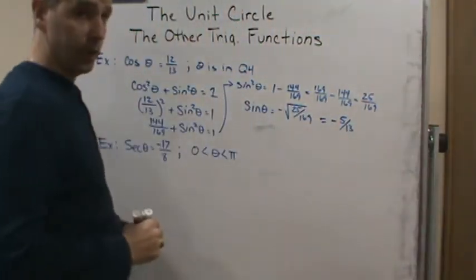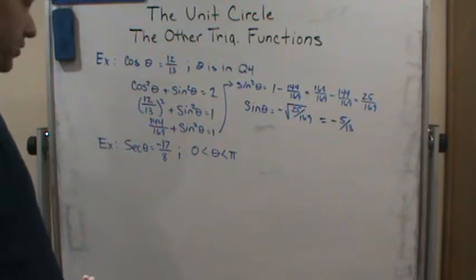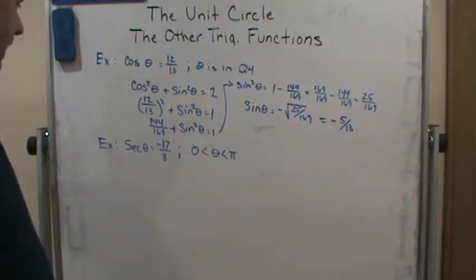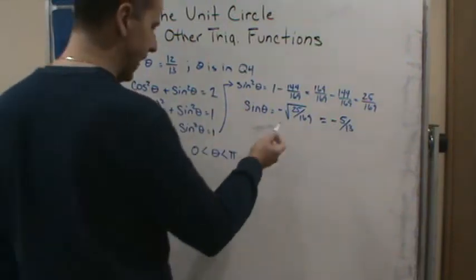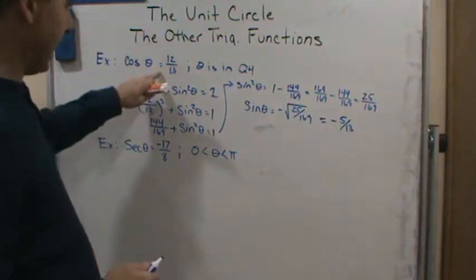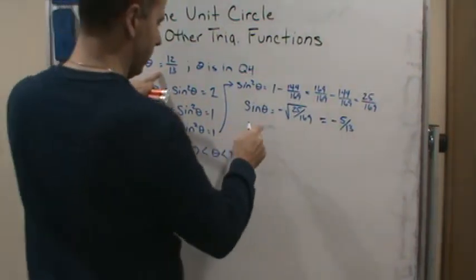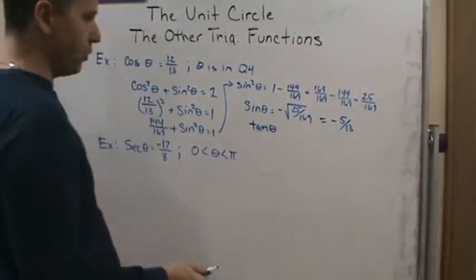Now, here's where it all falls apart. It gets really easy because now we can use all the reciprocals, right? And the definitions, the fundamental identities, right? So I got cosine and sine, so now I can get tangent, right? So that means tangent is what? Tangent is sine over cosine.